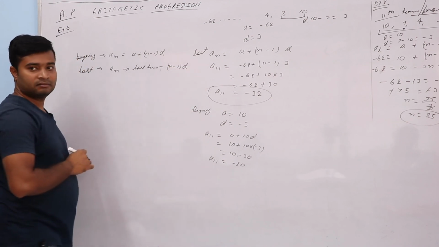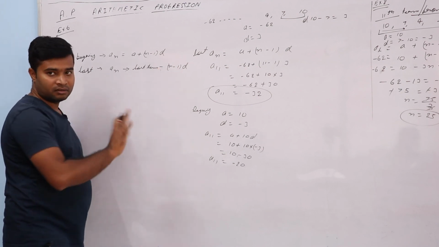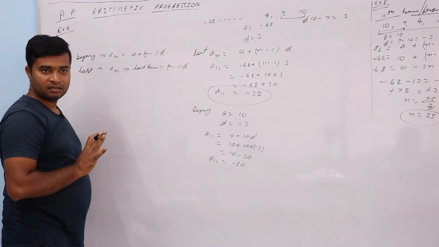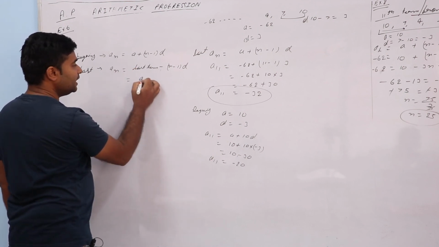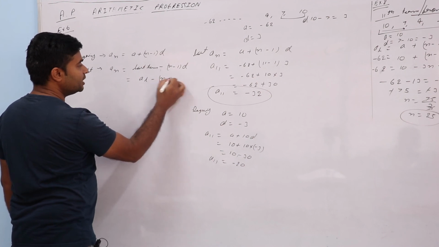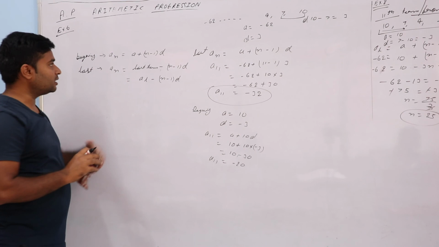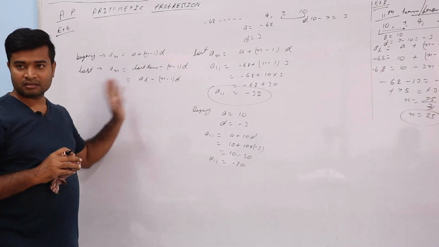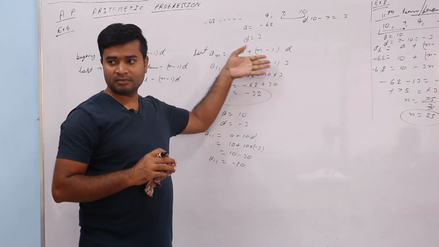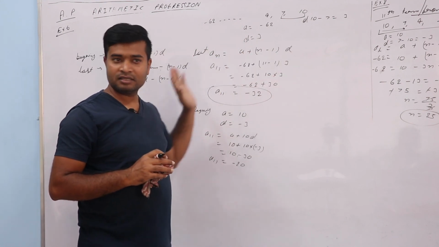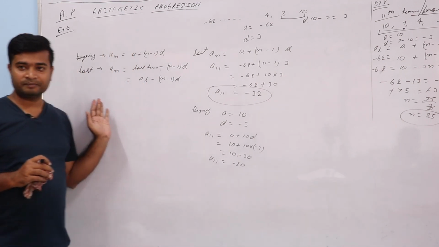And if you don't want to write last term, you can write l minus (n minus 1) into d. This is the difference: here it will come plus, here it will come minus. No need to write the opposite and so on, just directly apply the formula and get the solution. Copy it.